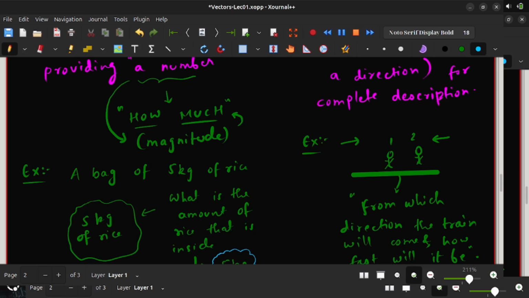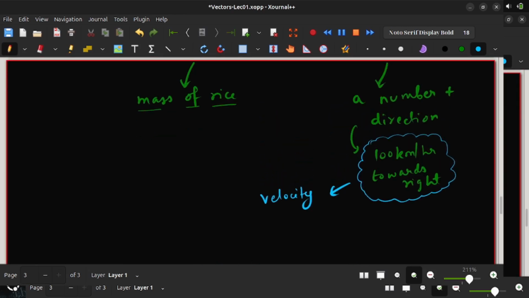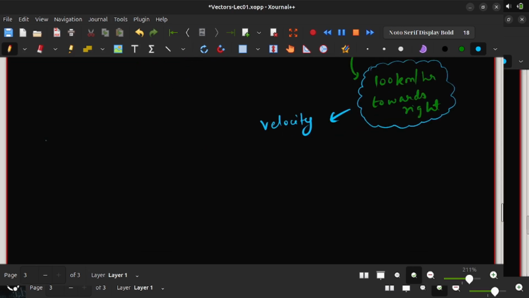So both the things, the direction and that number, have to be specified, and that is given by this velocity. So let me say in general, that number that I am talking about is actually called the magnitude.